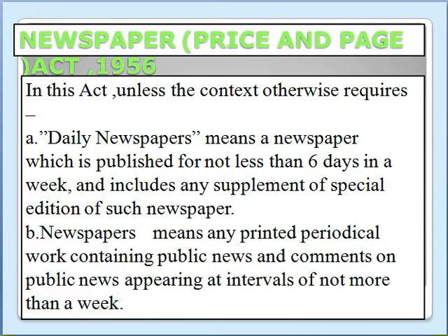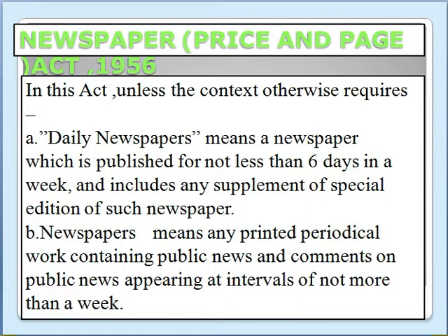Now, in this act, unless the context otherwise requires, a daily newspaper means a newspaper which is published for not less than 6 days in a week and includes a supplement or special edition of such newspaper. Newspaper means any printed periodical work containing public news and comments on public news appearing at intervals of not more than a week. So what is a newspaper? Three things are important. One, not less than 6 days a week.